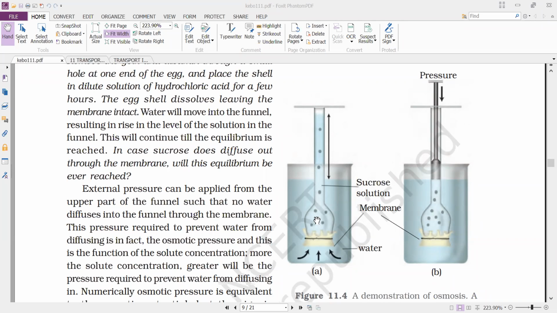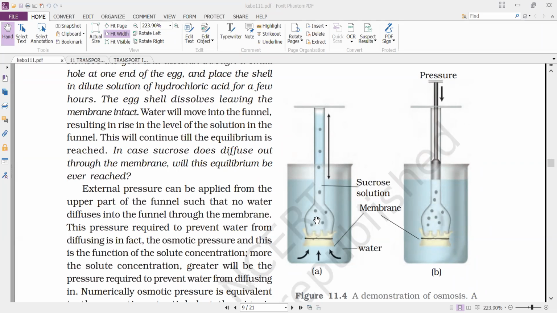Now the thistle funnel with the egg membrane is filled with a concentrated sugar solution, highly concentrated sugar solution, say 5%, 10%, like that.